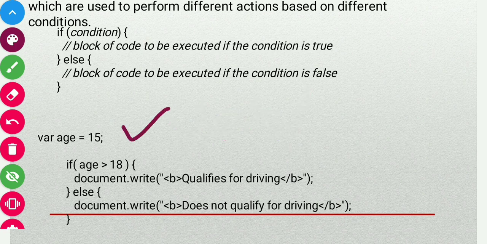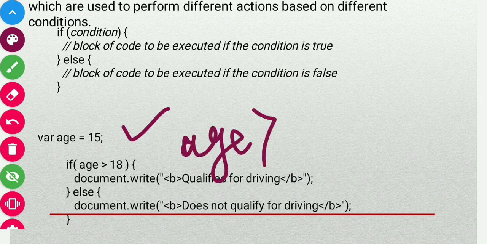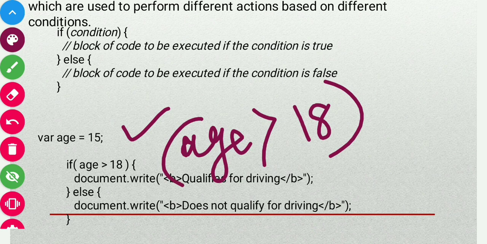Where age is equal to 15, that means we have assigned the value 15 in the age variable. Then we are specifying a condition. Here the condition is that age is greater than 18. Friends, this is a condition, and based on this condition two outcomes are going to come. If the condition is true, then the if part will execute, and if the condition is false, the else part will execute.